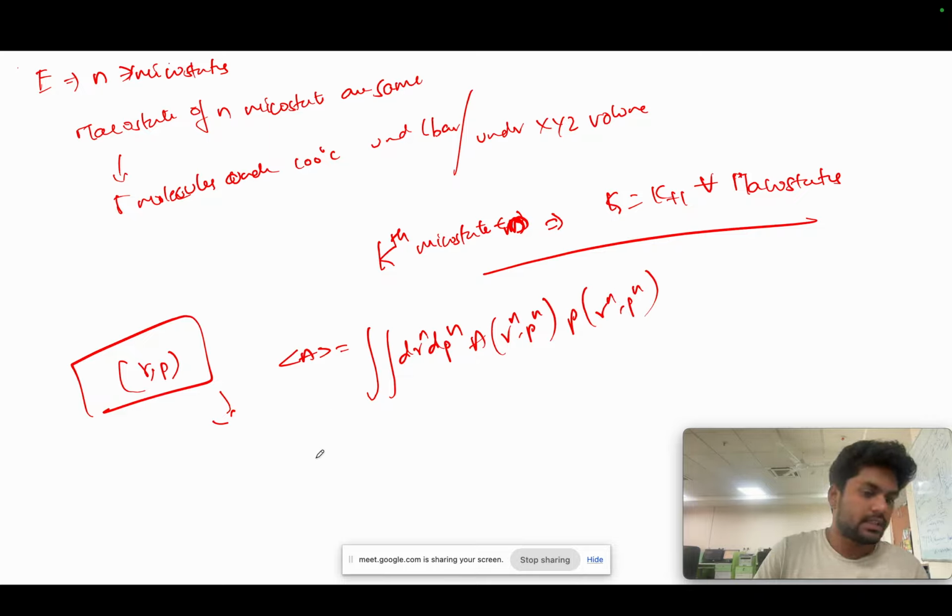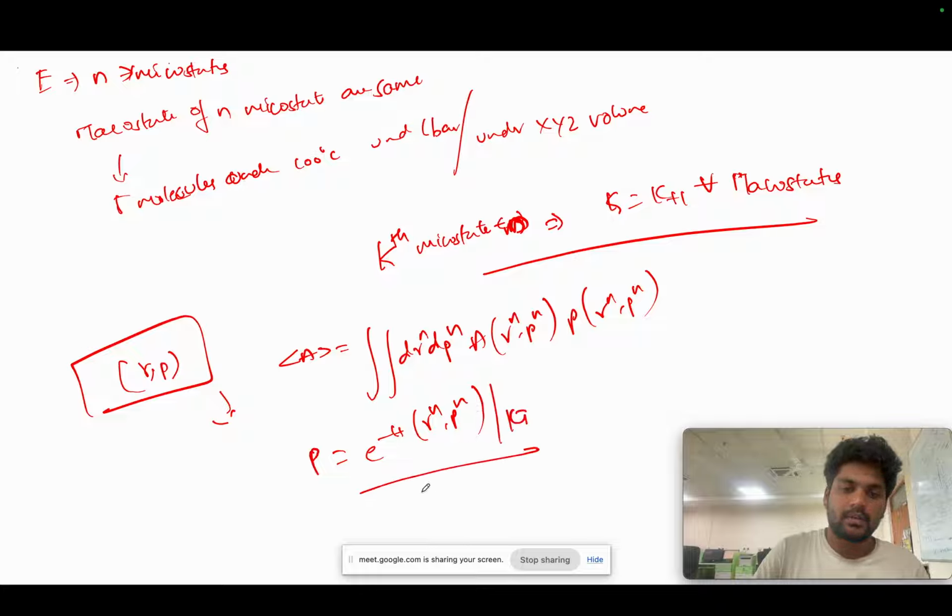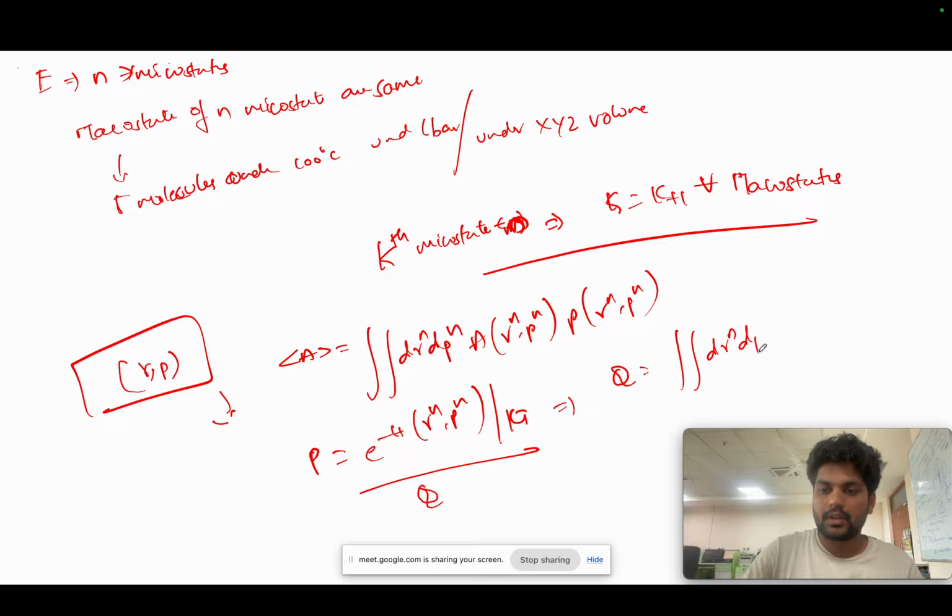Then we can write P as e to the power minus H of r comma n divided by kT, divided by Q. Now here Q will be the integration of dr^n dp^n e to the power minus H of r comma n, whole to the power kT.